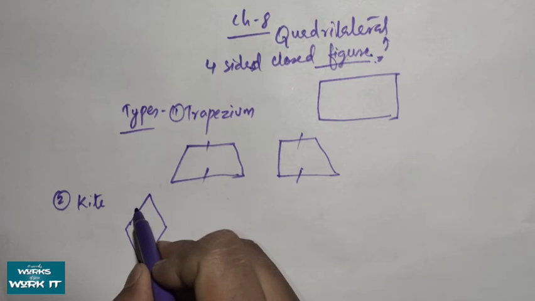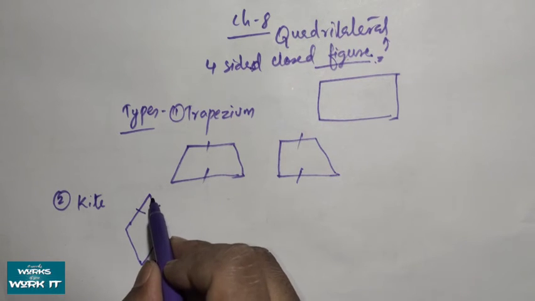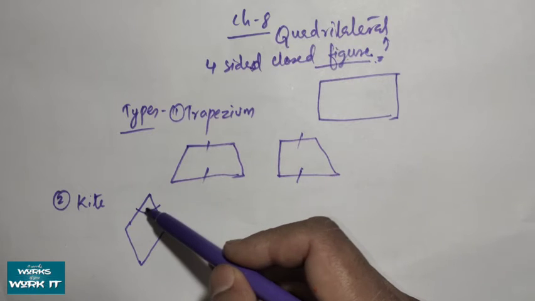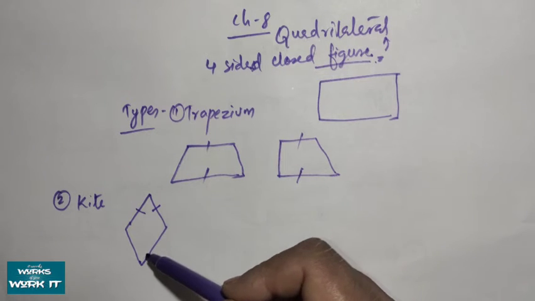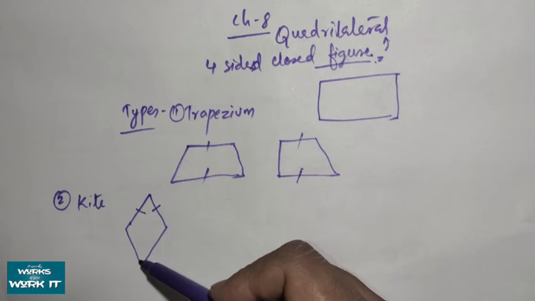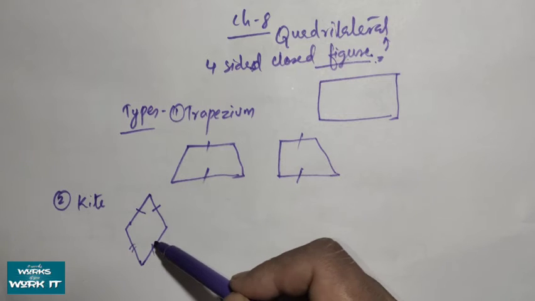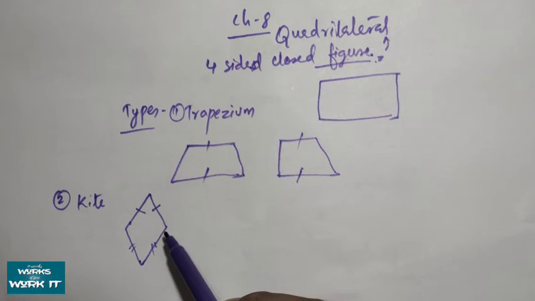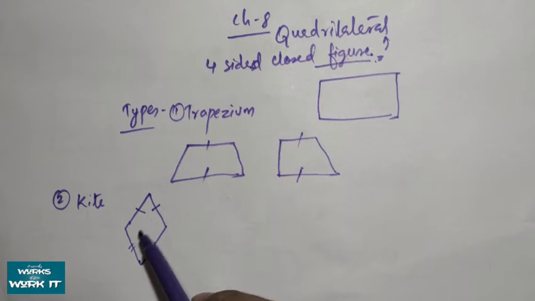That means these are two adjacent sides, starting from the same point here. This one and this one will be equal, and then this one and this one will be equal to each other. So in a kite, two pairs of adjacent sides are equal. The adjacent sides should be equal.